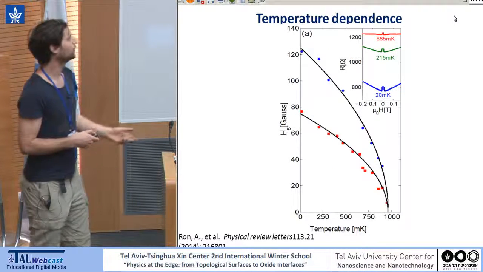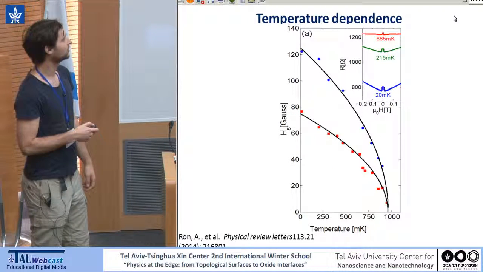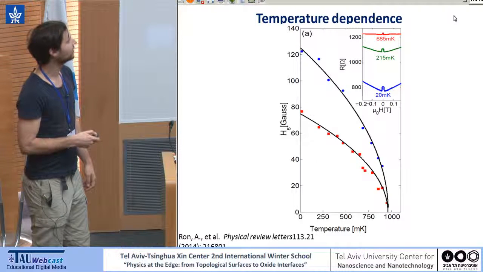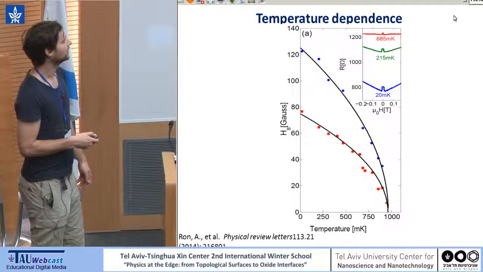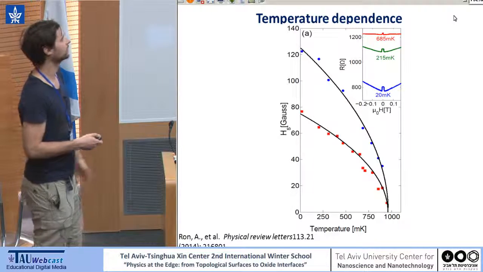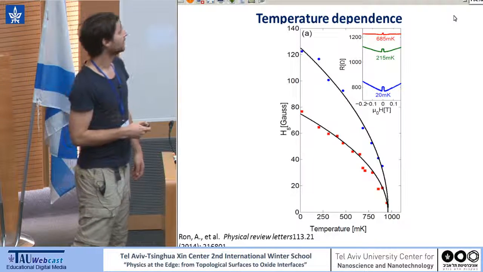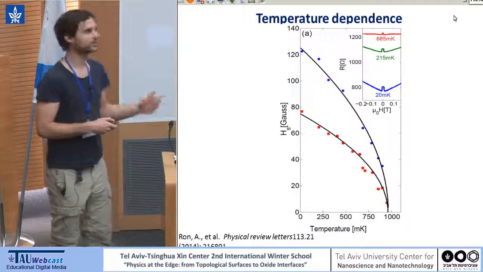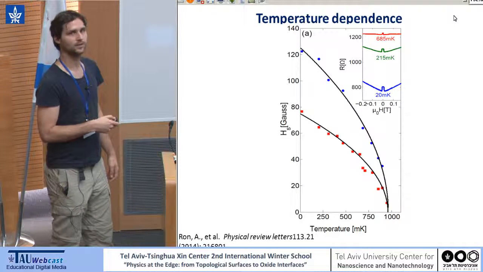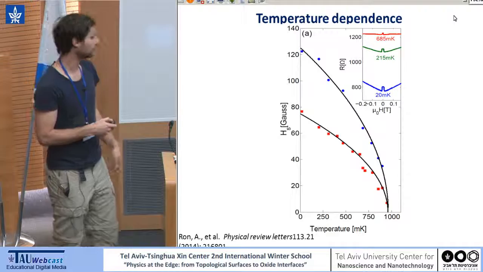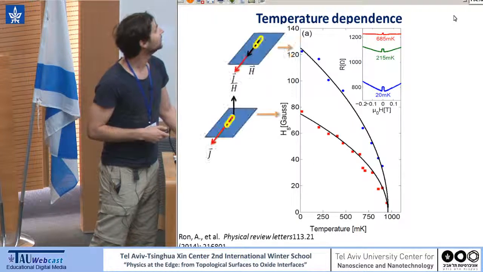When we plot this saturation field as a function of temperature for the perpendicular orientation and for the parallel orientation, we get these nice curves, and they both go down to zero at a certain temperature. After we fit these curves, we can normalize both by the value of the saturation field at zero temperature.